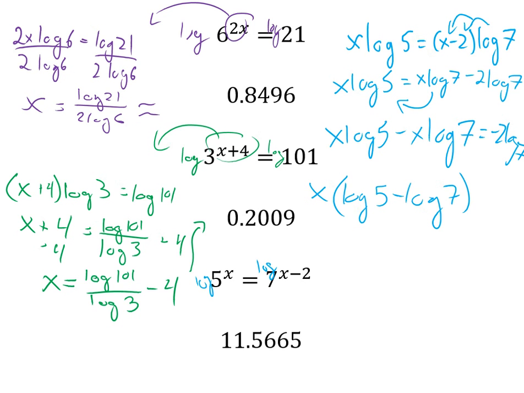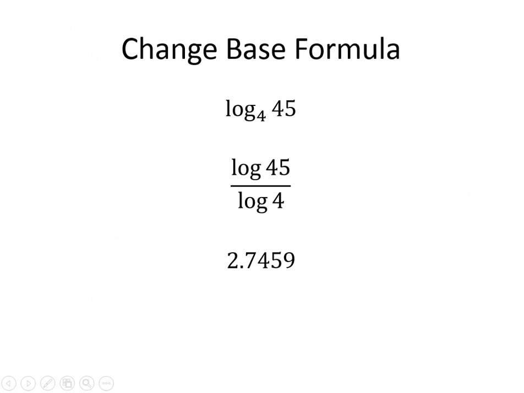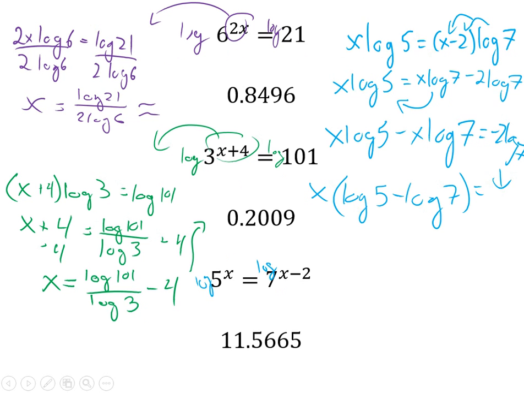And that equals the same thing from above. Divide both sides by log 5 minus log 7, getting us x is equal to negative 2 log 7 all over log 5 minus log 7.